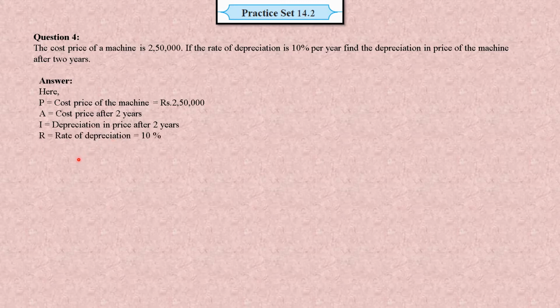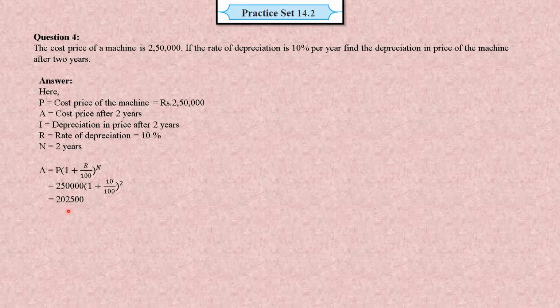And R, that is the rate of depreciation, is 10%. N is 2 years. Using the compound interest formula, A is equal to P into 1 plus R upon 100 raised to N. Substituting the values of P, R and N, we get 2,50,000 into 1 plus 10 upon 100, the whole bracket raised to 2.